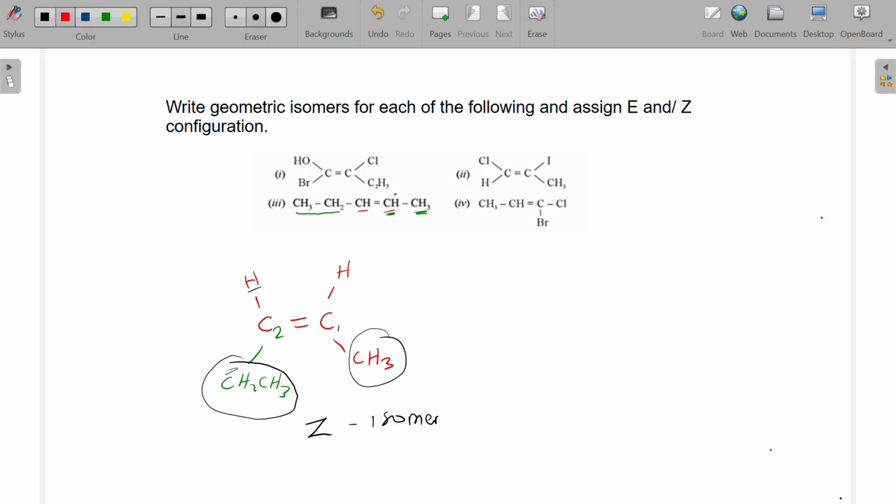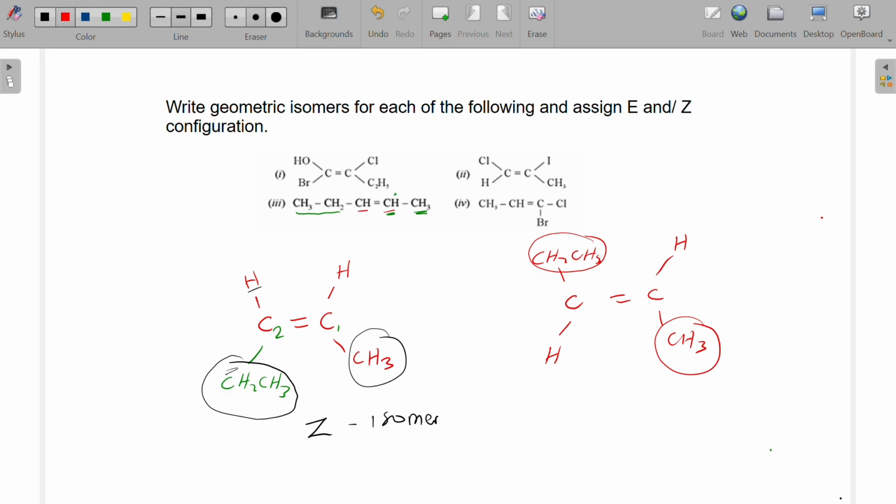And then we can draw the other isomer here. All we have to do is just switch one side. I'll switch the left side. So we'll have carbon and carbon there. I'll put the hydrogen here instead and put the CH2, CH3 there. Then on this side, I'll leave them the way they are. I have my hydrogen and have my CH3 here.